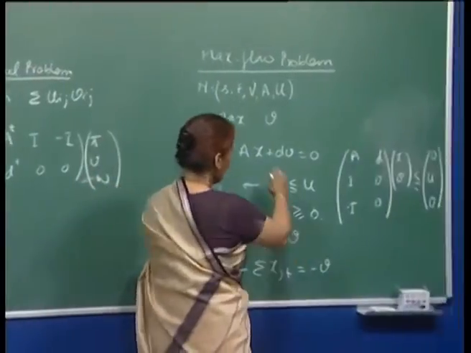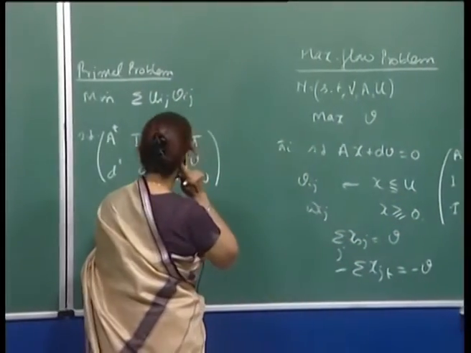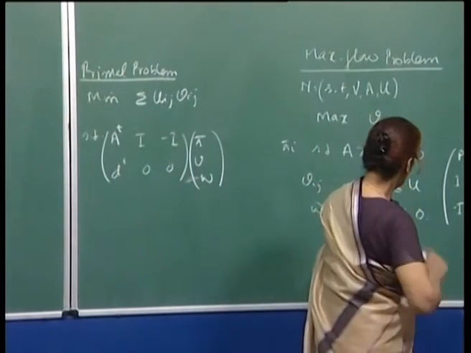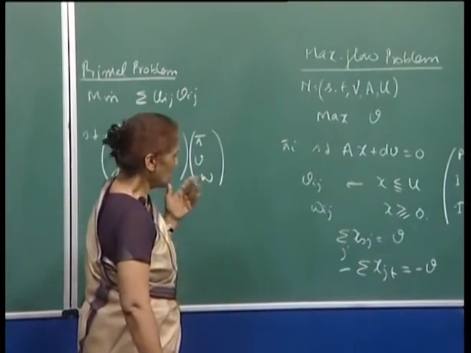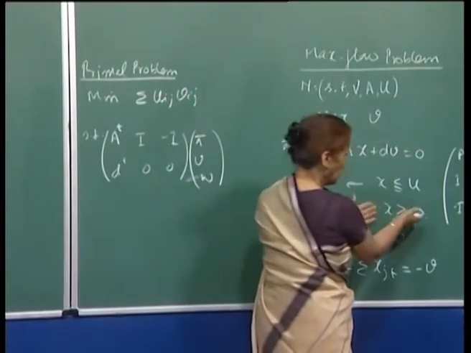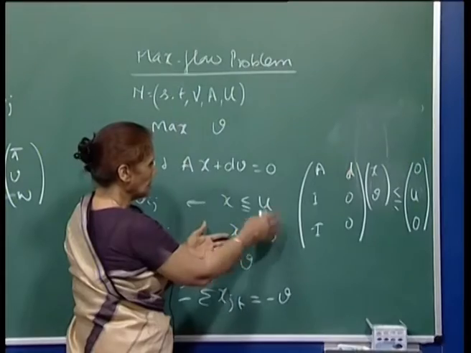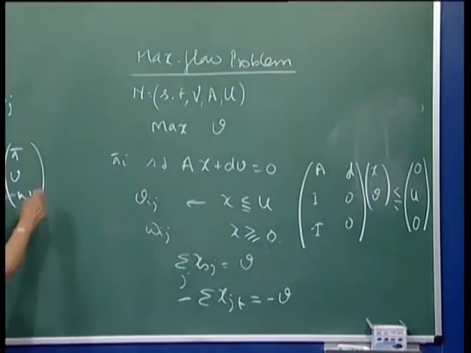Because constraints are less than or equal to kind, so what will you have? Now here I don't have any constraints on the sign of the variables, right, because I'm treating these as explicit constraints. So minus x less than or equal to 0. So v and x both, the signs are not specified, so therefore this will become 0.